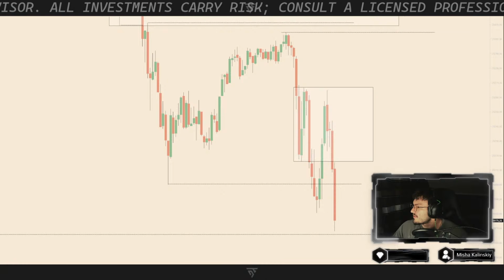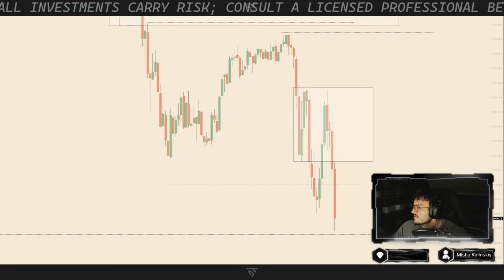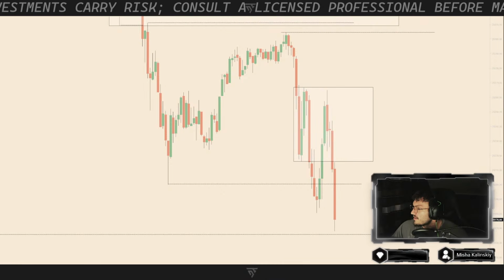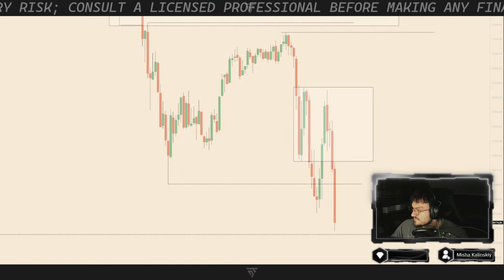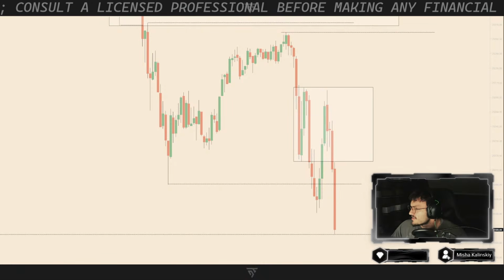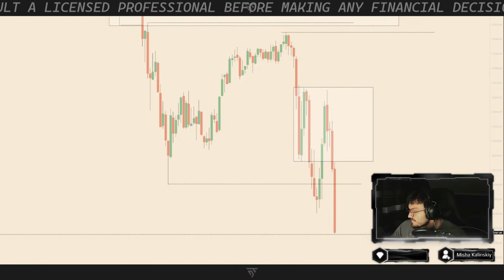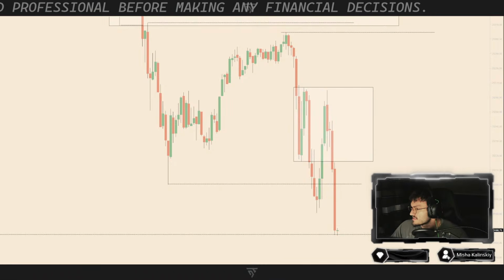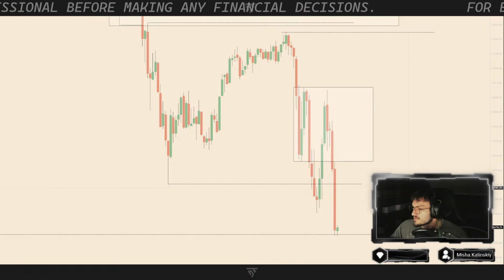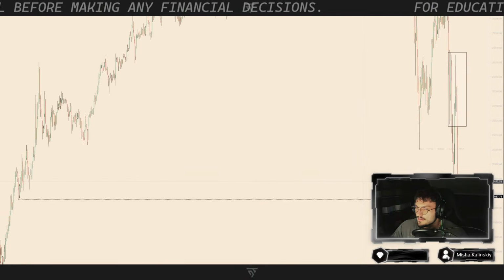Pro eval. Oh, direct. Drawdown, max loss, DLL. Oh, those are the new accounts. So you pay $240 for an account, and you get a max loss limit, end of day drawdown, and there's a consistency rule. Oh, look at that. Look at that.